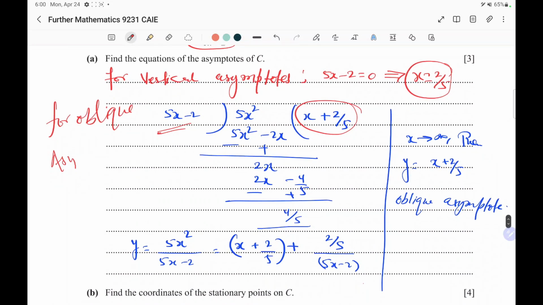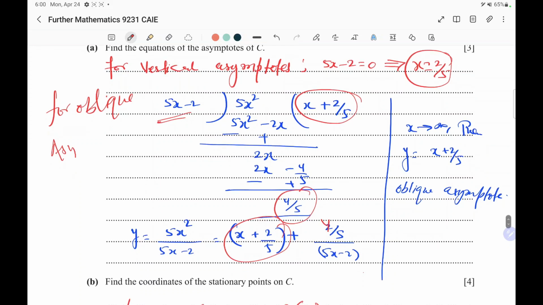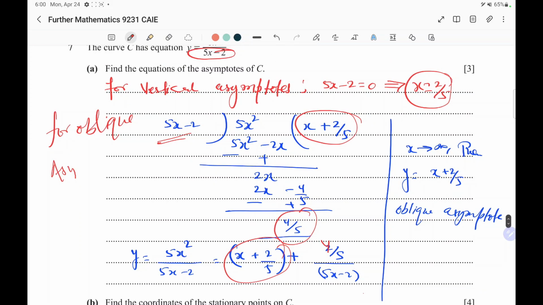Now you can write 5x squared over 5x minus 2 as x plus 2 over 5 plus remainder 4 over 5 over 5x minus 2. But when x approaches infinity, this will be 0. You are left with this. So this will be your oblique asymptote.